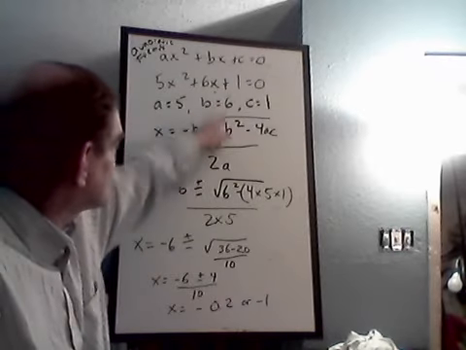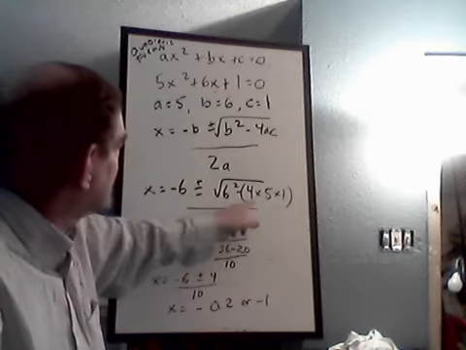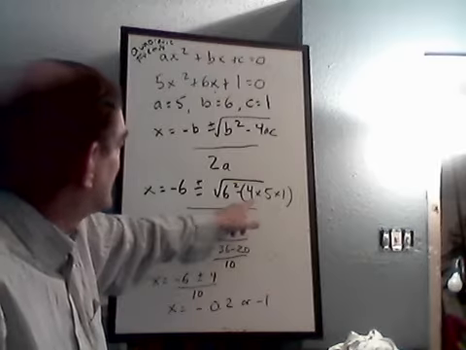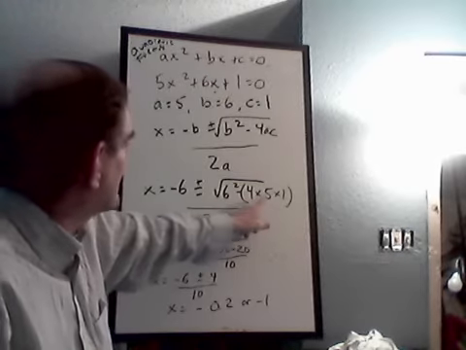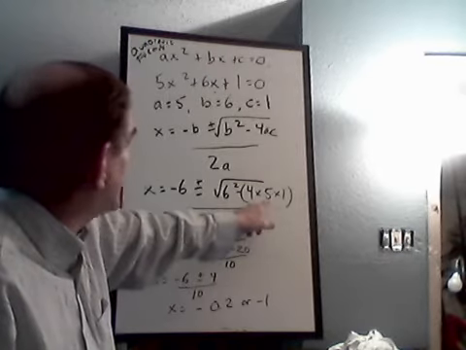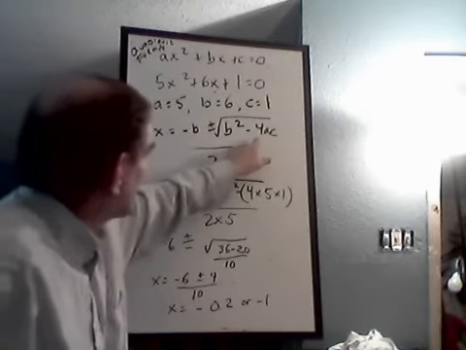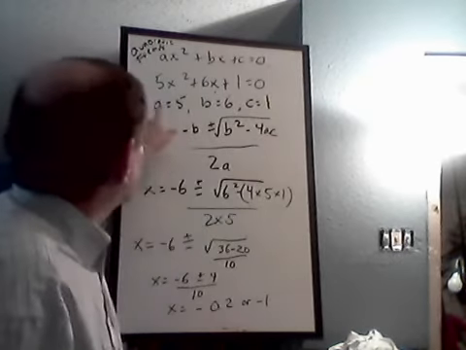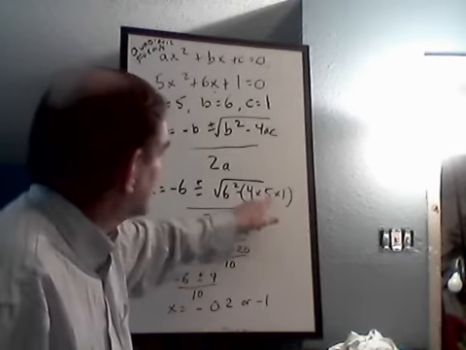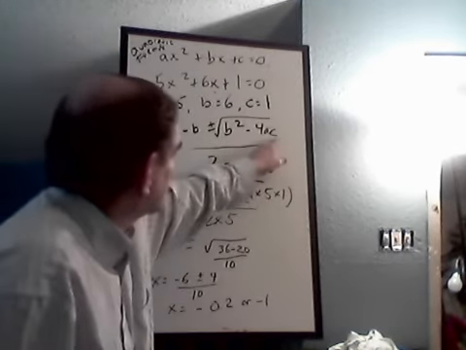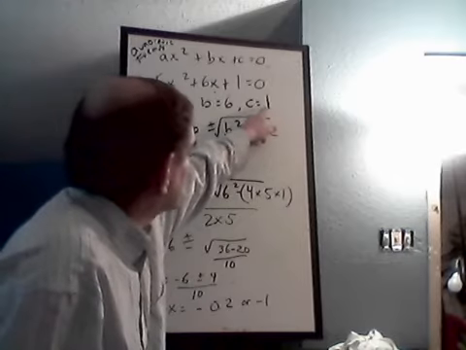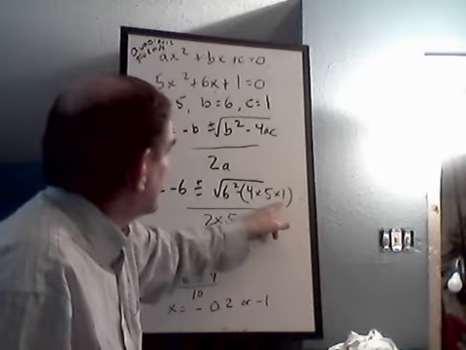See, that's b, 6, b squared. And then you have, what is this? 4 times what? 5. Where did I get the 5? I got the 5 up here where a is. Remember, 4 times ac. A is right there. That's 5 right there. And then this is c right here. What's c? c is 1, times 1.